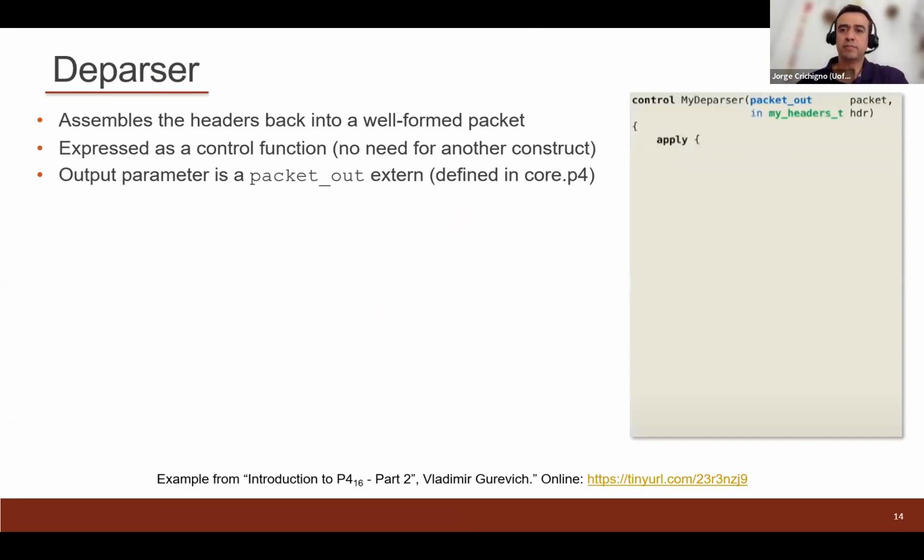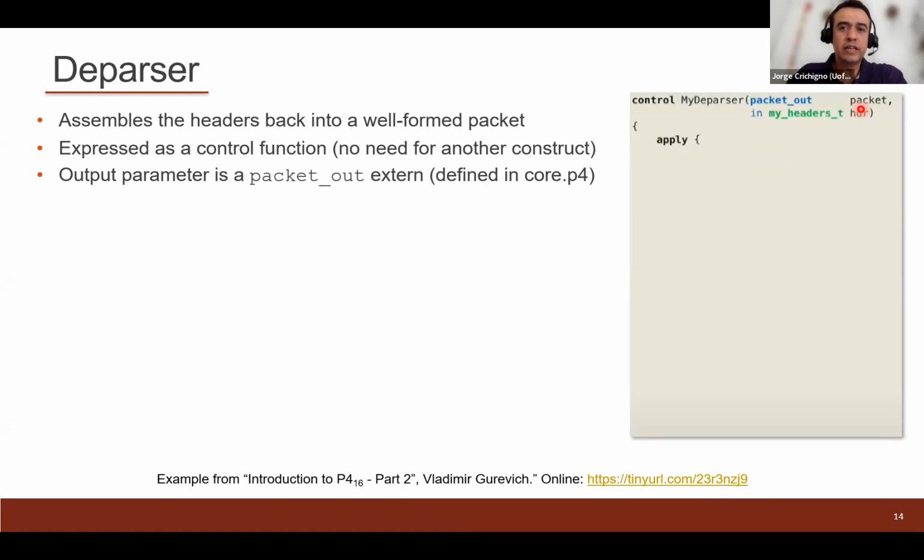So what is the deparser? Somehow the reverse of the parser. We want to assemble the headers back into a well-formed packet. So that means we have to put together the headers again.